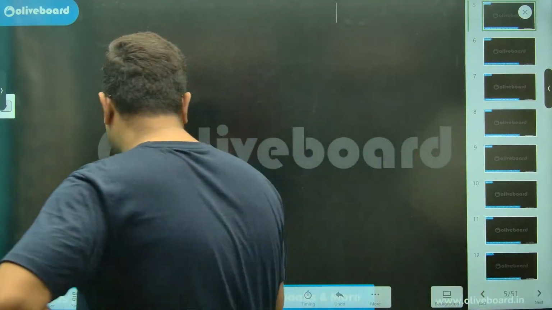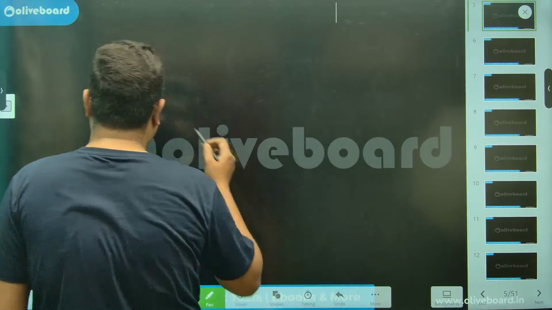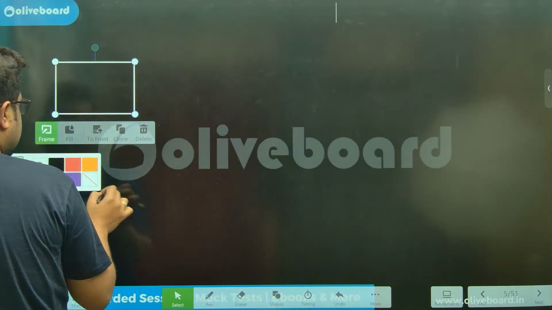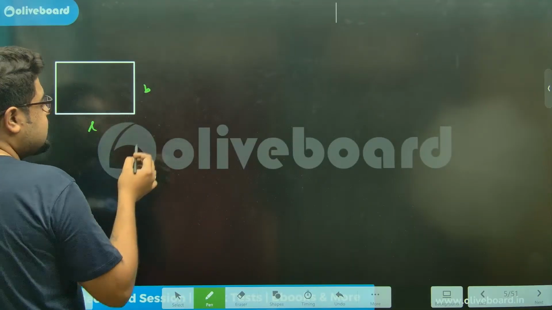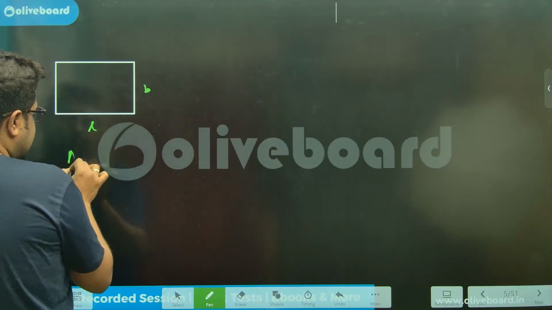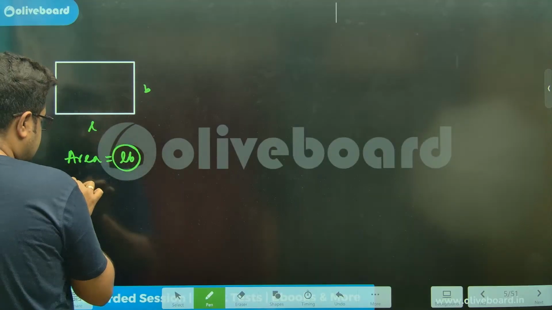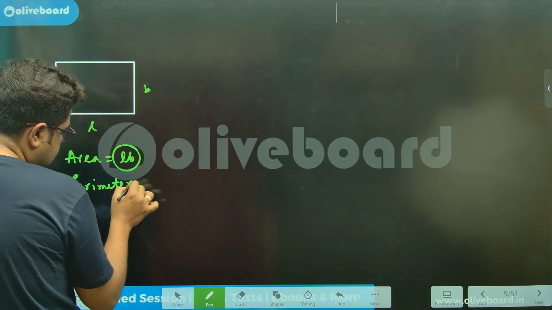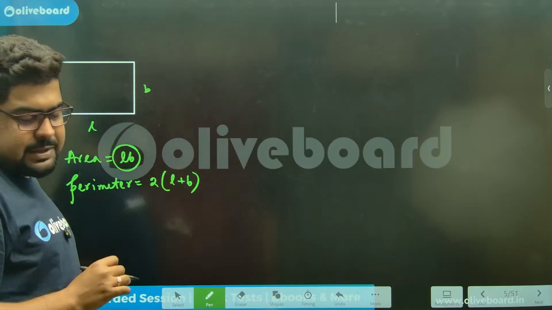I'm assuming you guys know, but still, if there is somebody who doesn't know, sir, for any rectangle, the length and breadth, there are two dimensions. So the area is, just a very quick recap, L into B. And the perimeter will be twice of L plus B. Again, very simple.